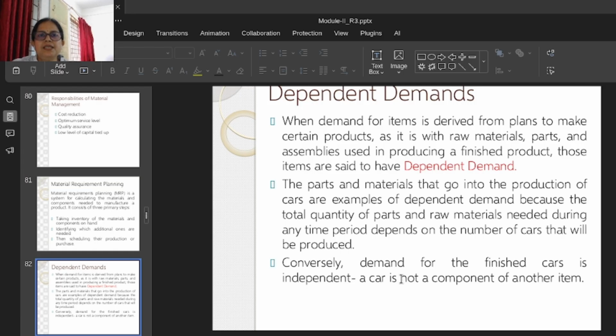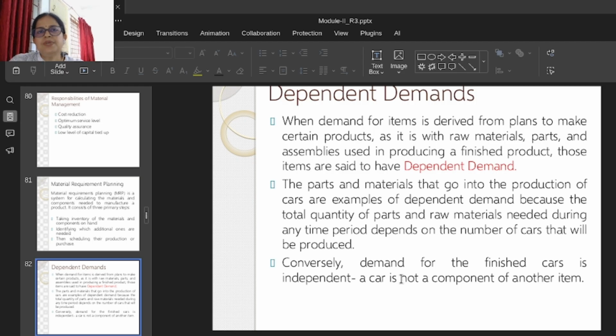Independent demand is nothing but the end item or the end product we are going to produce. What is dependent demand? Dependent demand is the demand for the parts, sub-assemblies, components, and materials we need to make the independent demand.